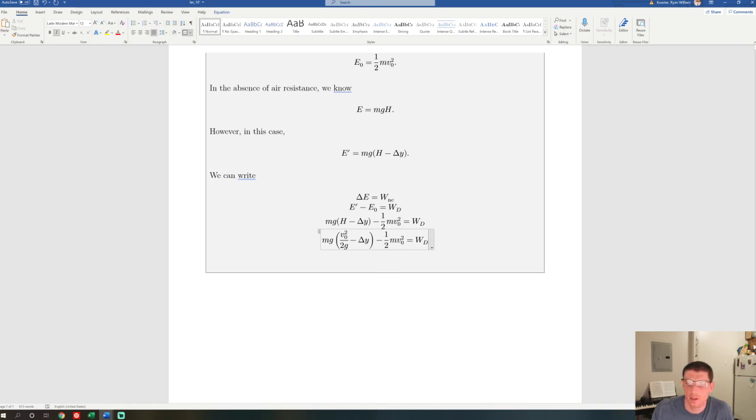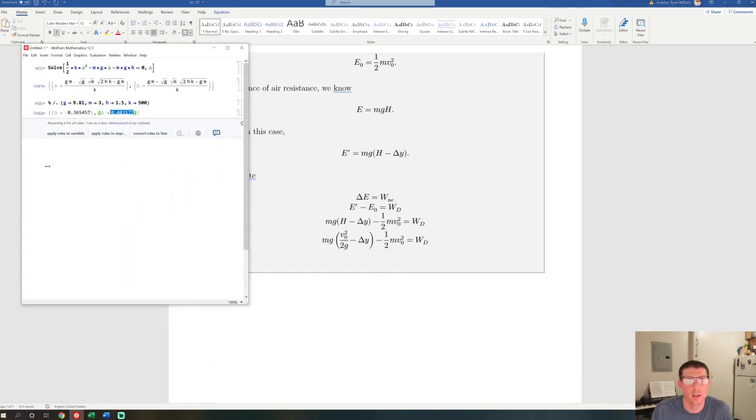Because apparently I'm not in the best mental state right now, I'm going to just make Mathematica do the algebra for me really quickly here, and you can see what this looks like. I'm going to call v0 just v, so Mathematica doesn't get mad at me, and delta y just delta.